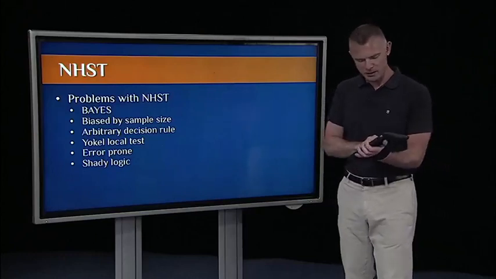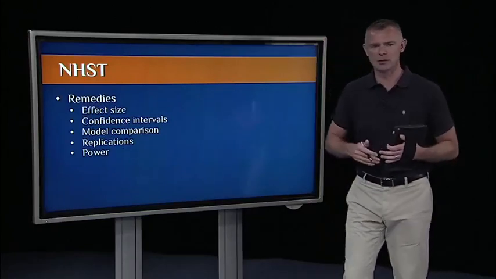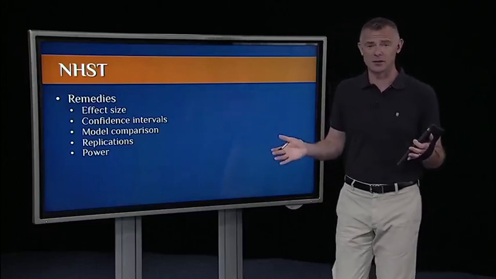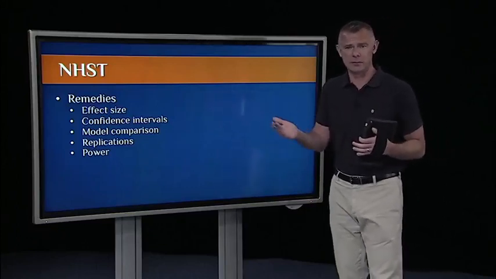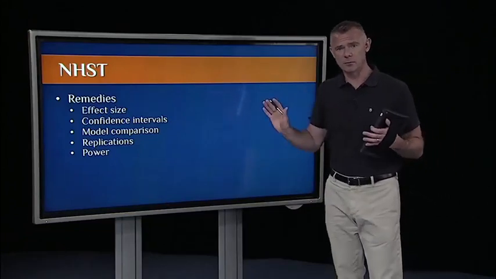So should you abandon it altogether? Well, some people say, yeah, you shouldn't be doing NHST. Maybe you should be doing Bayesian inference or something else completely, like non-parametric statistics or resampling methods, for example. My preference is just to be aware of those problems.